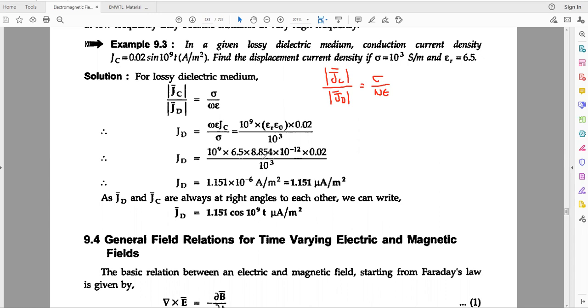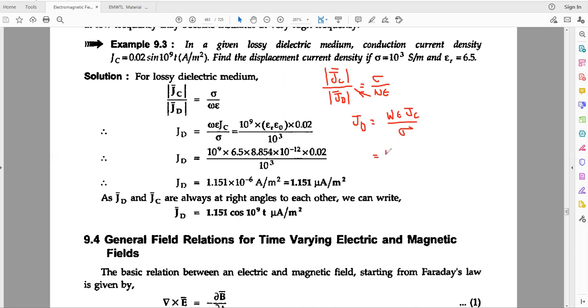This is a formula we have. Then we need JD, the displacement current density, as omega epsilon times JC divided by sigma. So cross multiply here, JC into omega epsilon, and sigma is the denominator. What is the omega here?